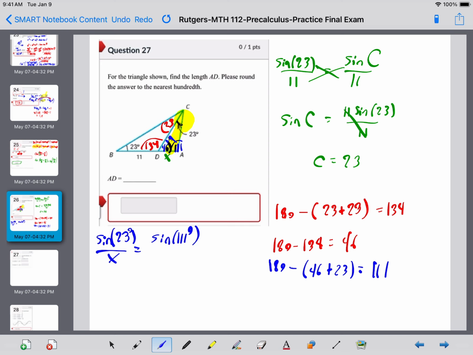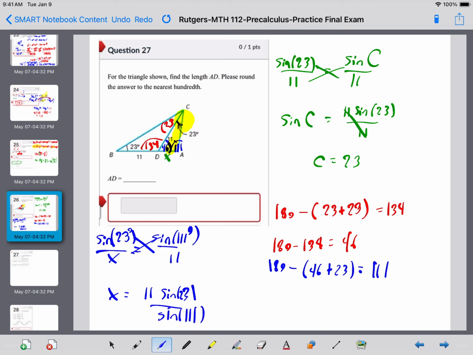Okay. So x equals 11 sine of 23, cross multiplication, right? Over sine of 111.